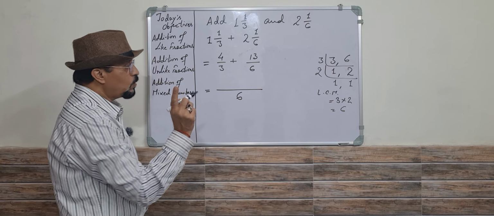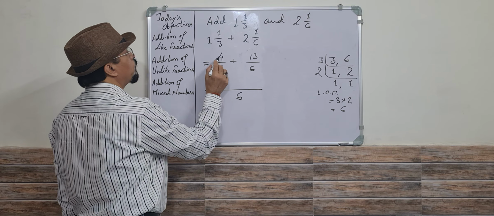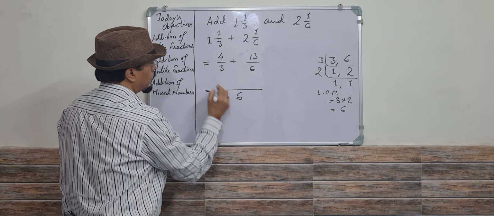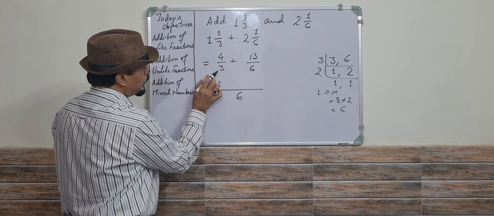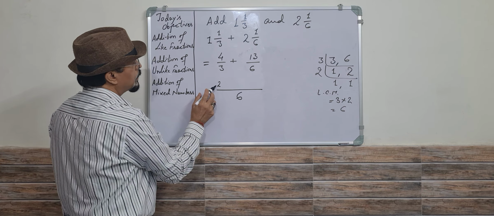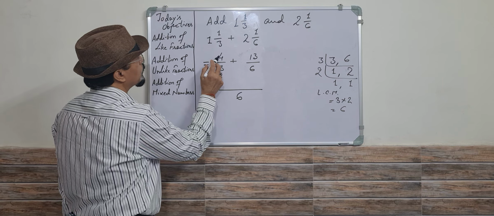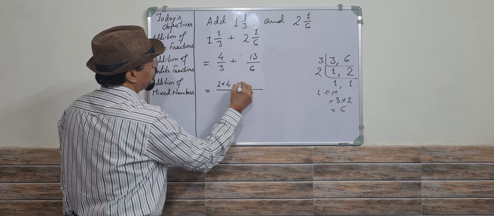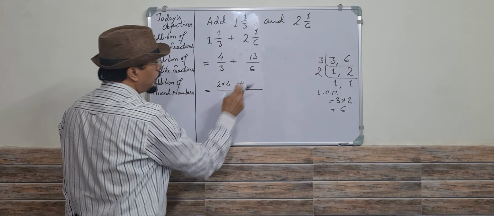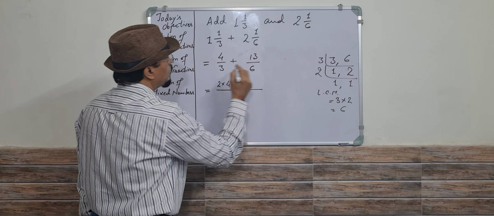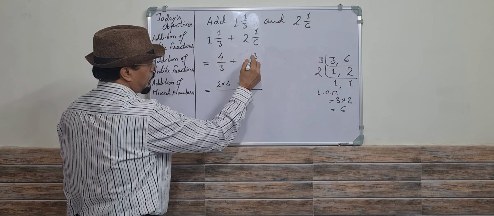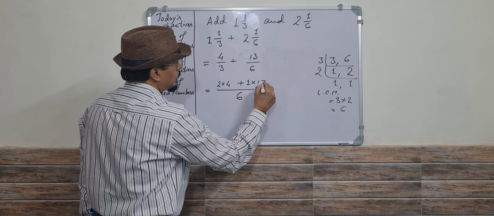So you have got 2. Multiply that 2 with 4: 6 divided by 3, you got 2, and then you multiply this 2 with this numerator, plus, now you divide this 6 by this 6, you get 1, and then you multiply this with the numerator, that is 13.